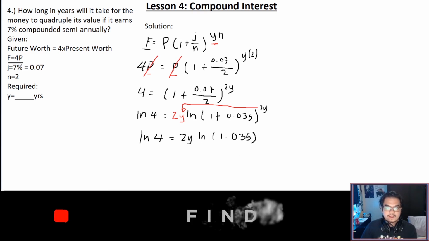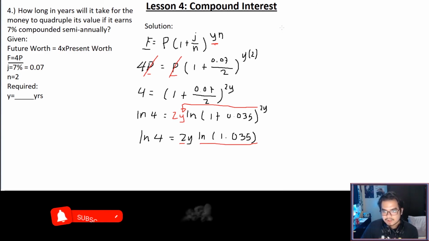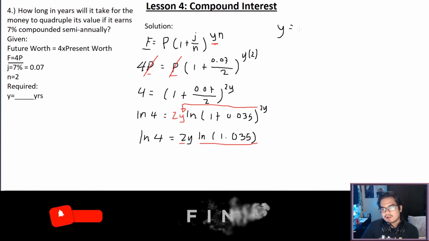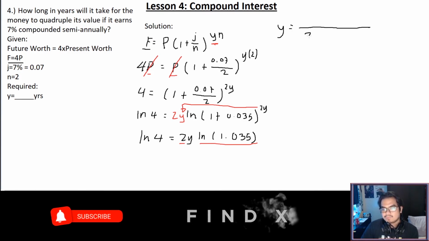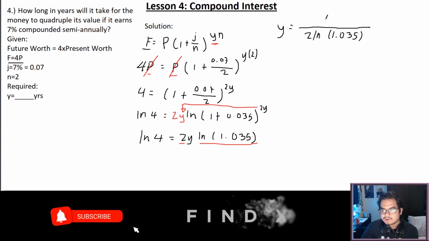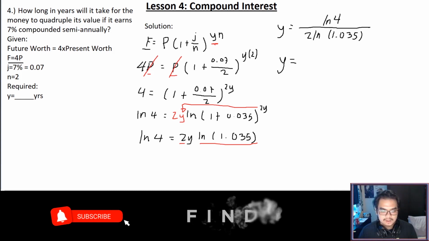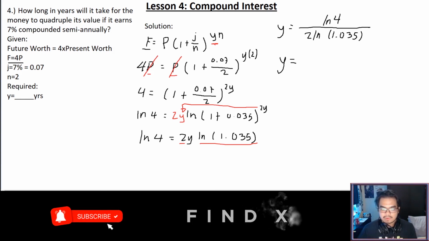Then all we have to do is divide by the 2 and the ln 1.035. Therefore, our final answer will be y equal to ln 4 over 2 times ln 1.035. Solving that using your calculator, the answer will be 20.1488.